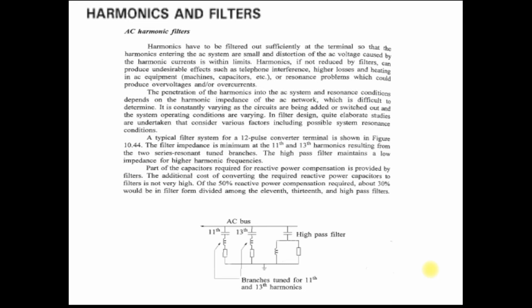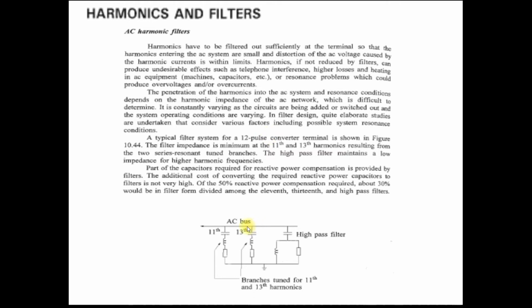Depending upon the operating condition and the system used in the HVDC system, we require filters like a high pass filter or tuned filter. You can see in the figure, suppose it is a 12 pulse converter in the bipole HVDC system. The dominant harmonics in the bipole HVDC system are the 11th and 13th order because we use 12 pulse converters.